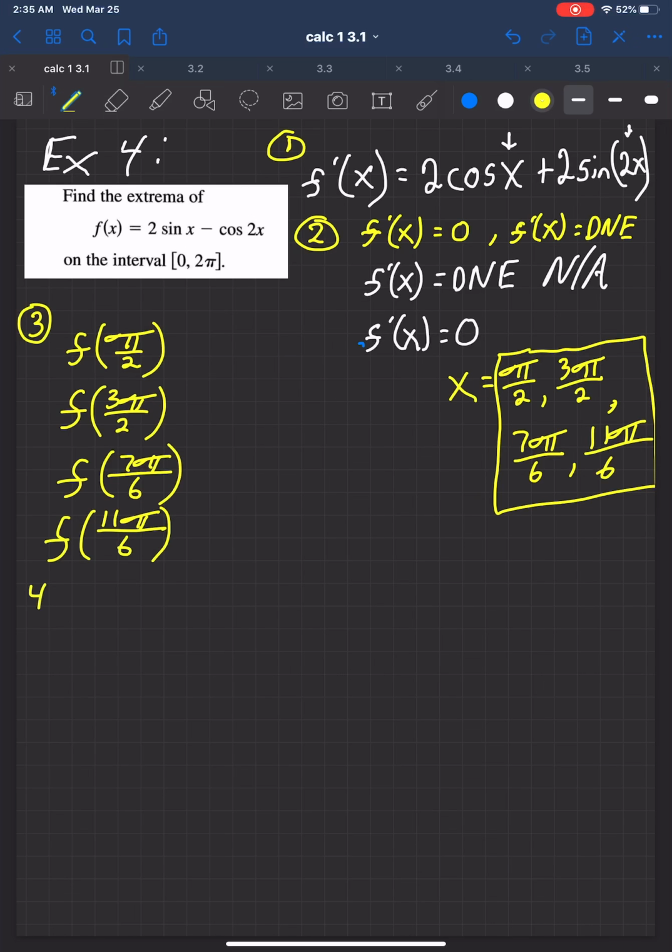Now, don't forget about your endpoints, right? So that's the 0 and the 2 pi. You got to plug those in as well. So f of 0, f of 2 pi.